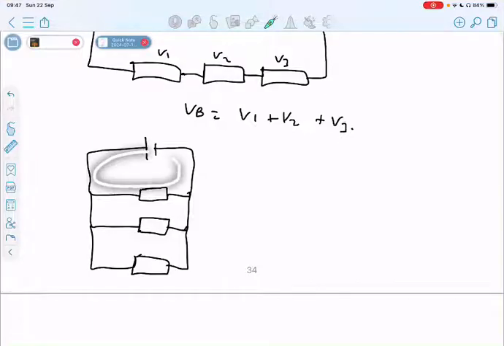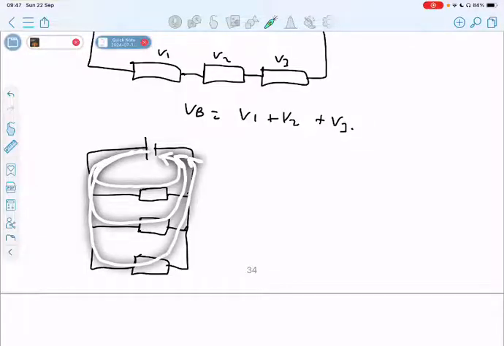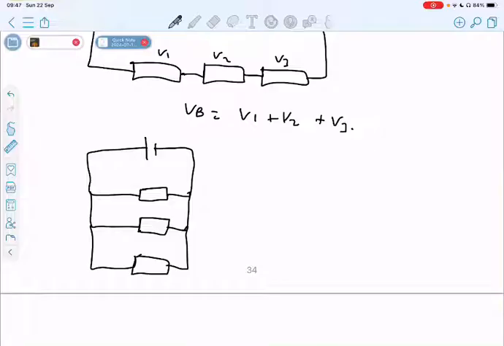This is one loop, this is the second loop, and this is the third loop. That's what we mean by many loops. So V battery, V1, V2, V3: the potential difference at the resistors is V1, V2, V3, and the potential difference of the battery is V battery. So VB is equal to V1, which is also equal to V2, which is equal to V3.